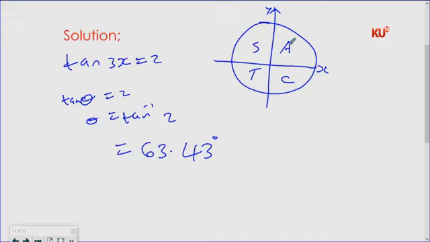S stands for sine, A for all trigonometric ratios. Angles between 0 and 90 must be positive. Here in this quadrant, only signs of angles are positive. The rest are negative. So the rest we are referring to tan and cos.